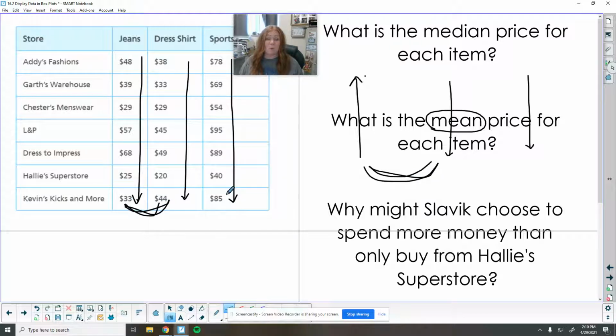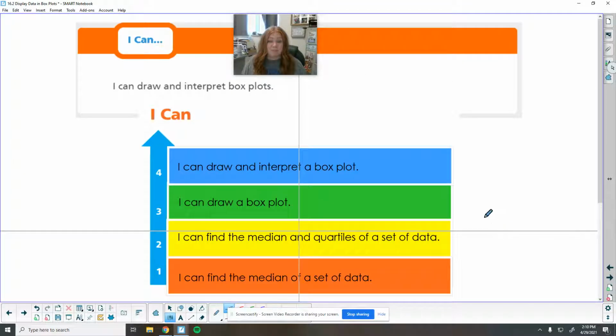And then I can see the sports jacket is where he's going to spend more of his money compared to the dress shirts and the jeans. So this information, as we find these things, just gives us more facts and helps us make better choices. Right, he's going to need to know, okay, maybe I get a nicer jacket, I'm going to have to spend less money over here. So it just helps him consider different options he has. When you are ready to do task 1, let's jump in.